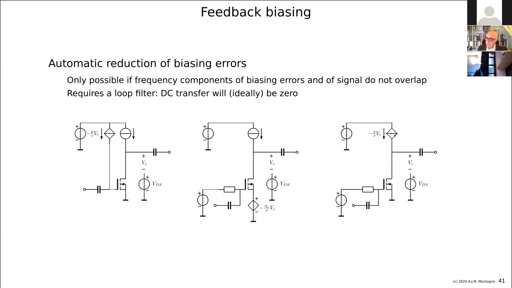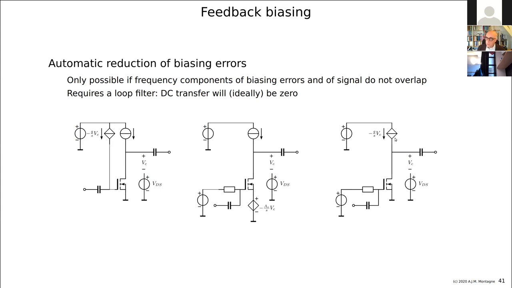So that is a nice thing to talk about, because in the first two solutions, I fix the current to a desired value with a current source, and I control at the input of the device so that the current will be okay and the voltage will be okay. And in the second one, I fix the current with a fixed independent current source, and I measure the error and control some voltage so that the voltage will be okay here. But here, I don't fix the current. I fix the voltage here, and whatever current I need for that will flow.